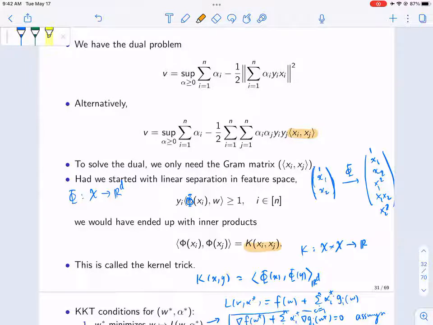And this corresponds to assuming that there is a feature map that maps the XIs to some high dimensional space, such that in this new domain you have linear separation.